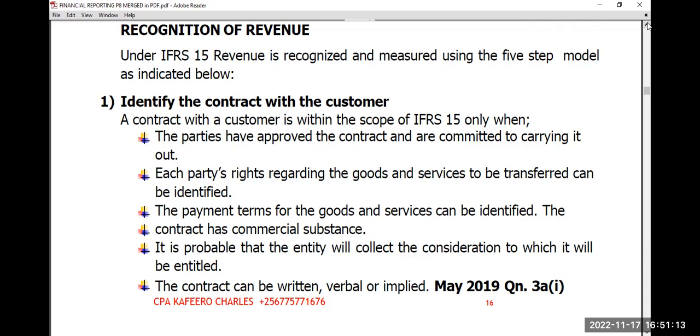What we are trying to look at here is that some contracts are not going to be written down, or you are not going to have any agreement. Let's say you go to a shop to buy a phone, you negotiate the price, and after accepting the price, you pay the money. It means the contract was there, but it was verbal.